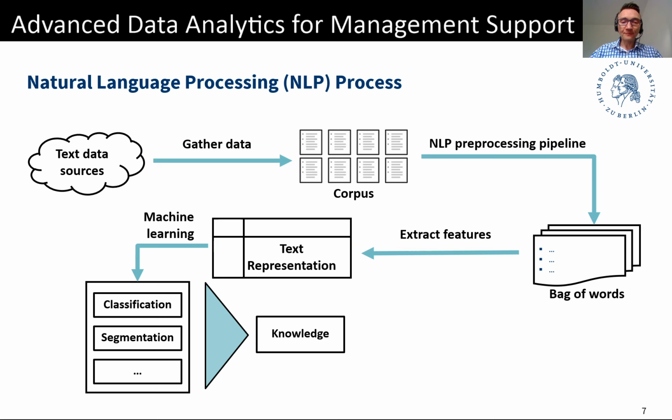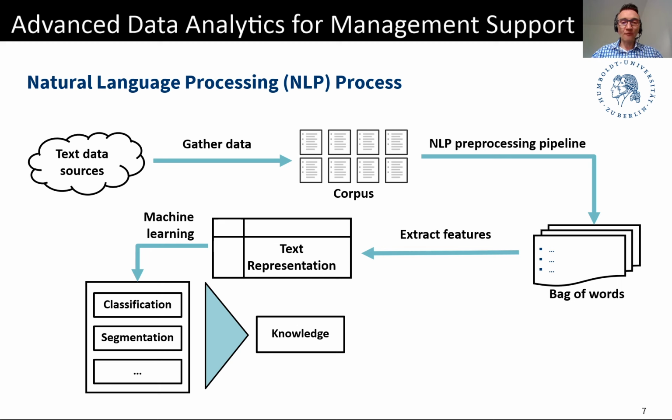And then we run through a chain of operations. This is my NLP preprocessing pipeline to prepare the text for subsequent analysis. You see this bag of words element here in my picture. So the NLP processing pipeline delivers us a bag of words, whatever that is.